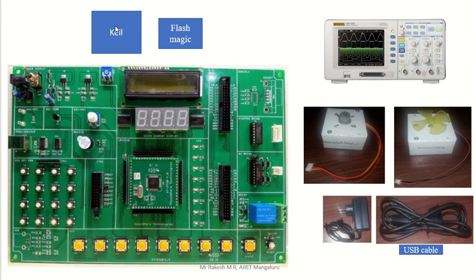Once that hex file is generated, FlashMagic will take that hex file from your computer to your LPC 2148 kit. Using FlashMagic software, we dump that code into your kit.